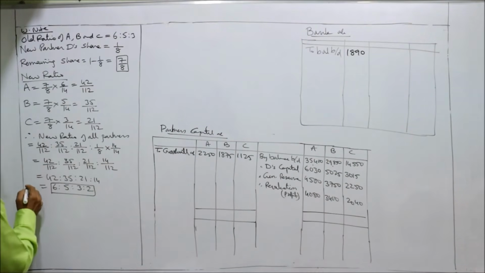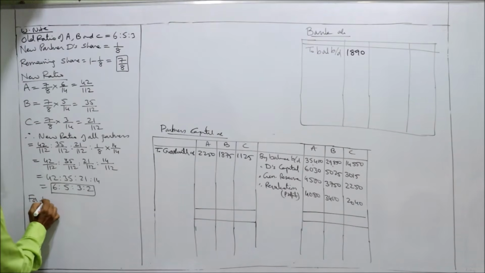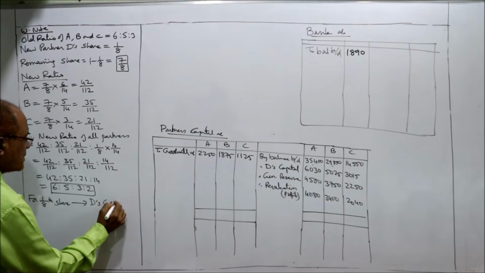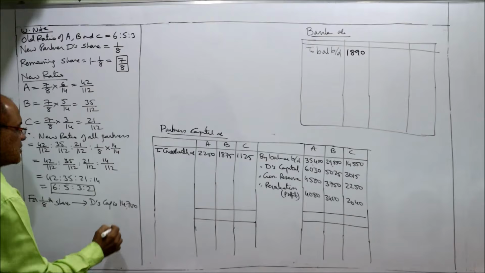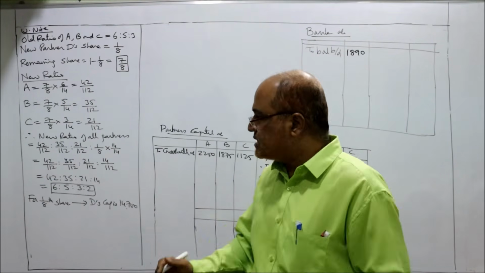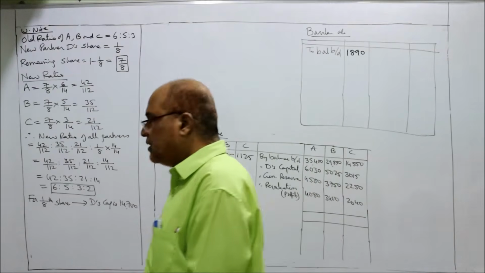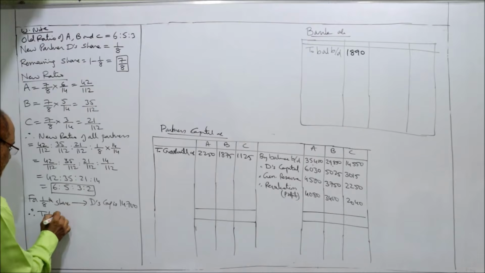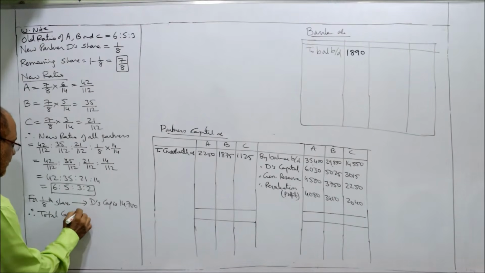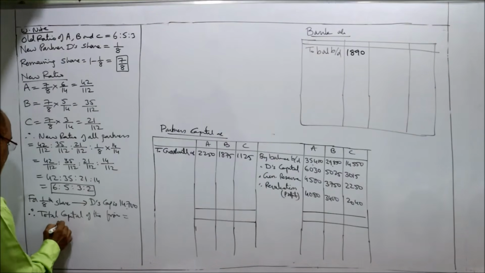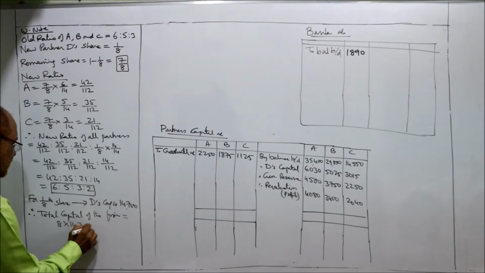For 1/8 share, D's capital is 14,700. It is given in the problem. For 1/8 share, D is bringing 14,700. Therefore, total capital of the firm is equal to 8 into 14,700.